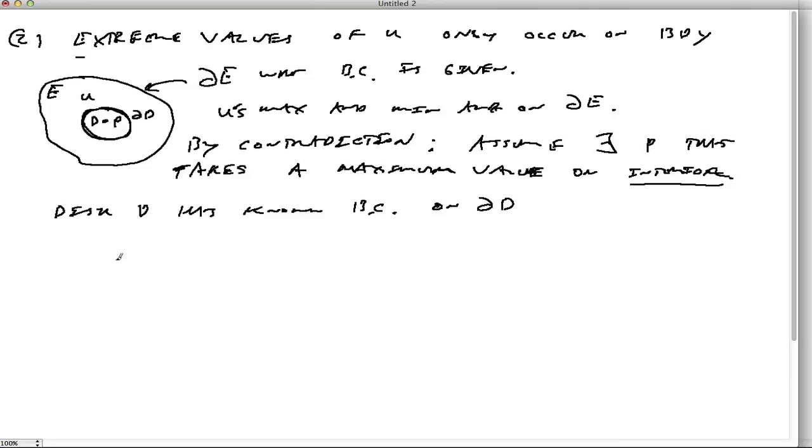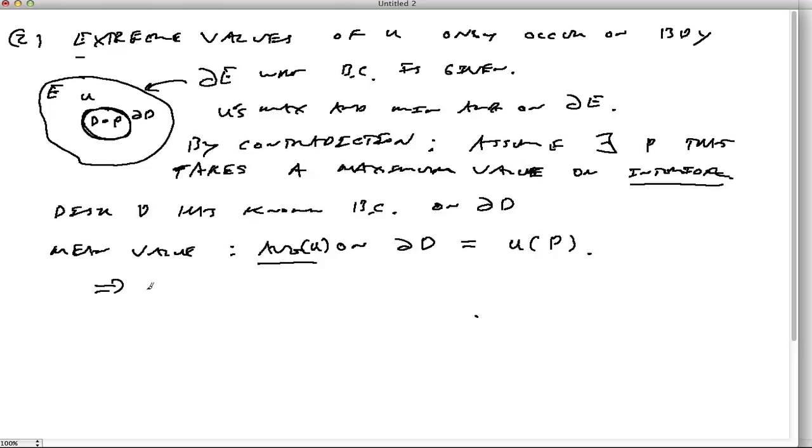So, of course, we know the mean value property, that the average of u on the outer disk has to equal u at the point P, right? But if it's the average value, of course, it can't be an extreme value. It has to be somewhere in between the largest and smallest values on the boundary. So this is impossible.